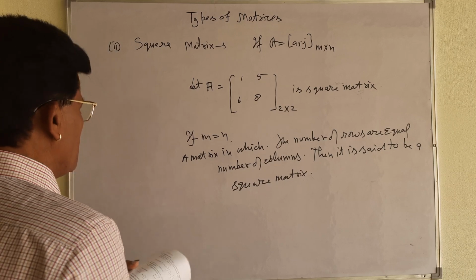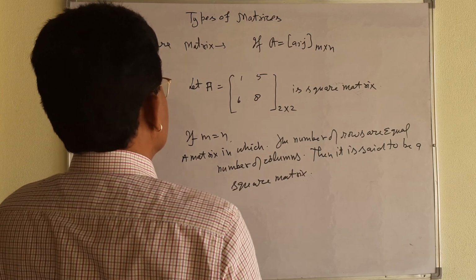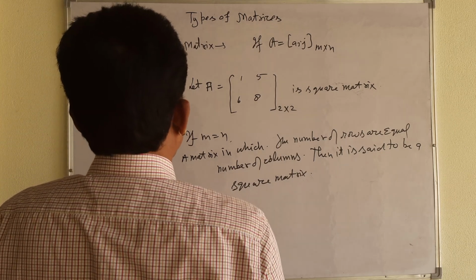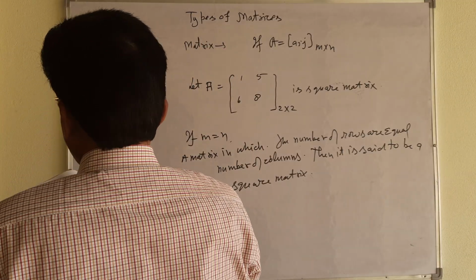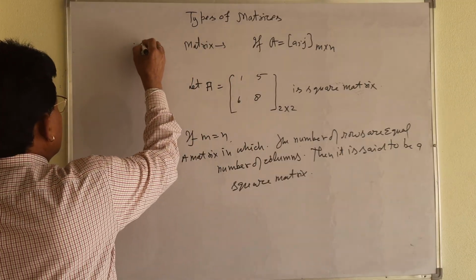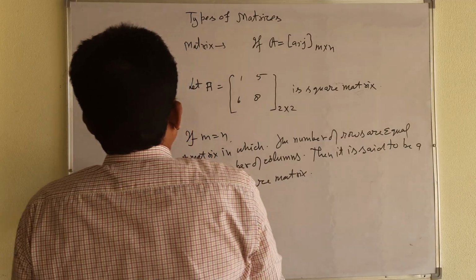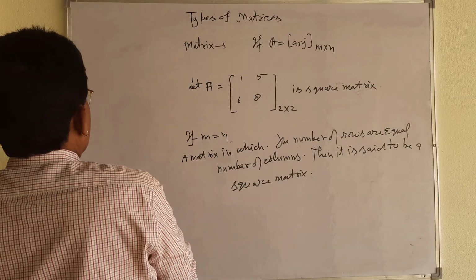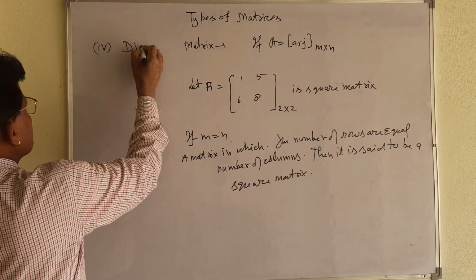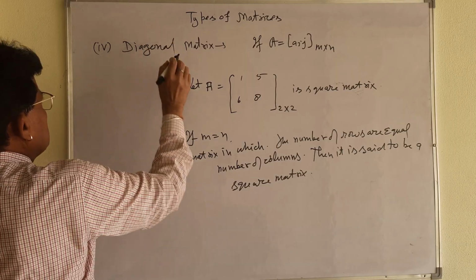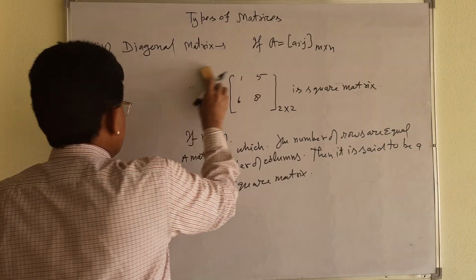Let me take some more kinds of matrices, that is the diagonal matrix. Very, very important. Another kind of matrix, the fourth kind, will be the diagonal matrix. Try to understand. I am taking the example.